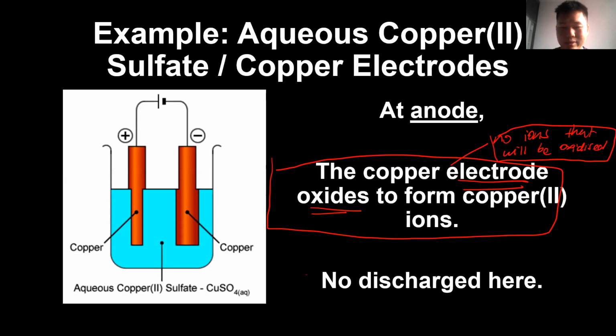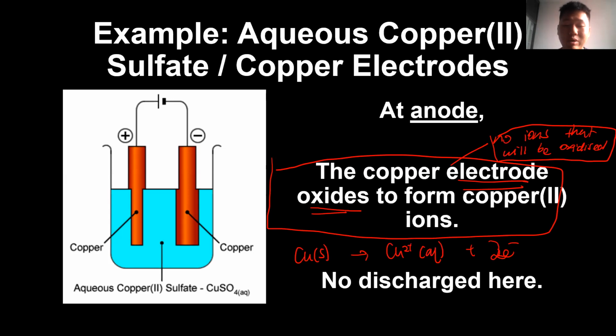So this is how the reaction will look like. Copper solid will form copper 2 plus and 2 electrons. So this is the half equation right over here at the anode. Copper will lose electrons, oxidized to form copper 2 plus ions.